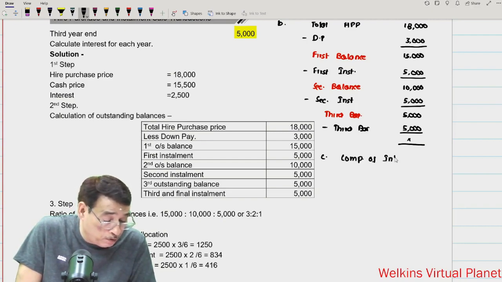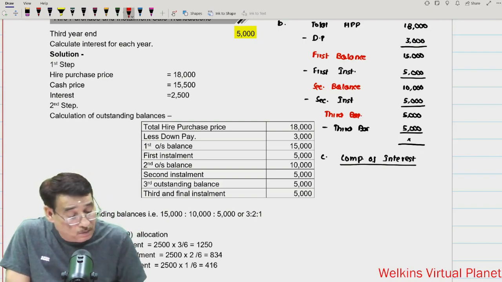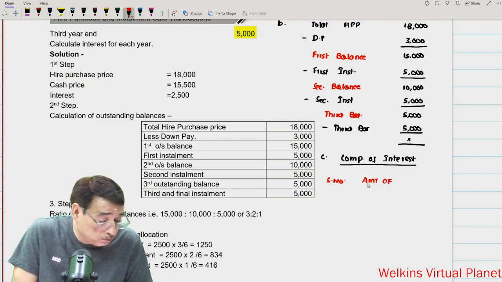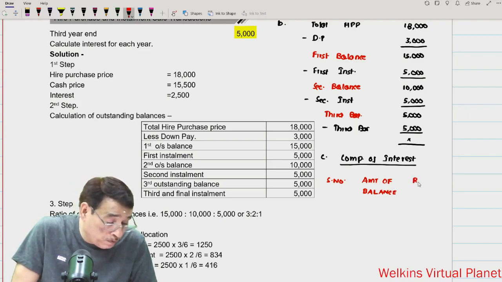In order to compute the interest, first you write the serial number of balance, amount of balance, ratio and interest.